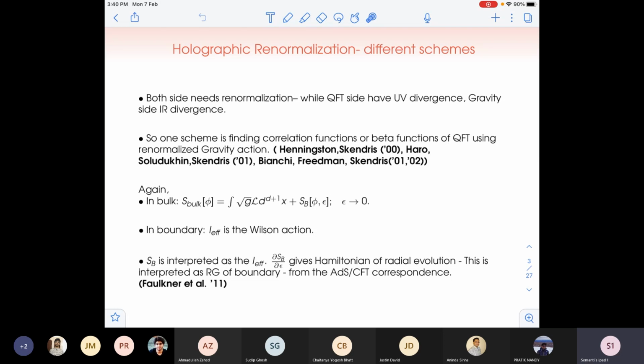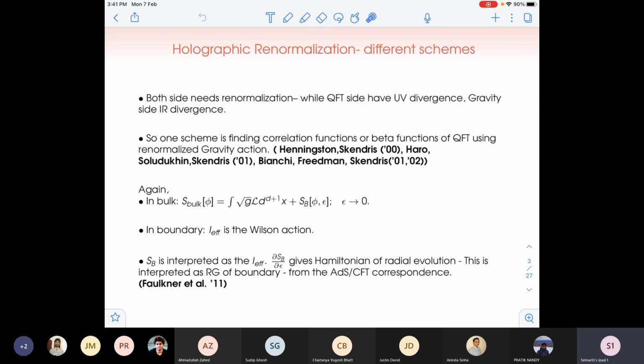Where they are saying that the bulk action can be written in two parts. One part is totally bulk, another is a boundary part, where epsilon is a point which is very near to the boundary. And in the boundary there is an effective action, the Wilson action. I will come to that later. Effective action means a low energy effective action. And they are showing that the totally bulk part S_P is interpreted as I effective.